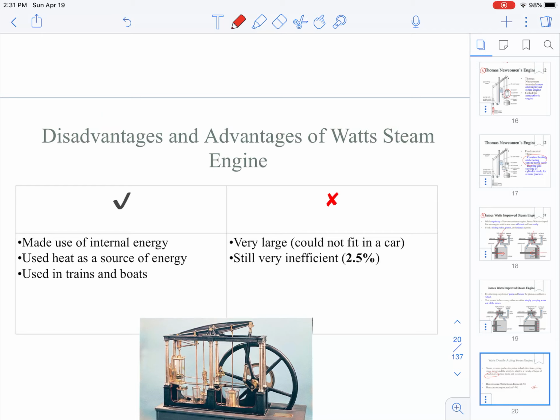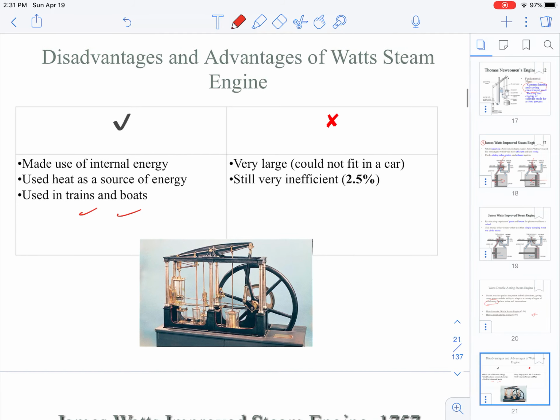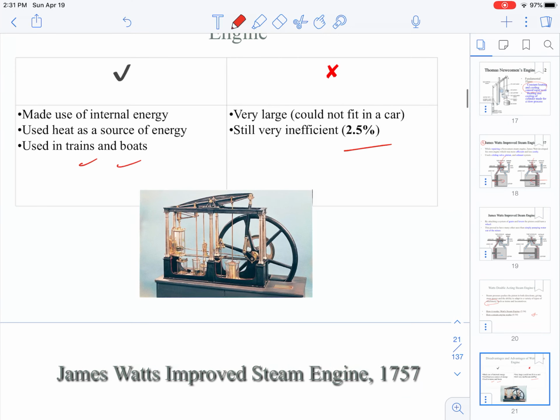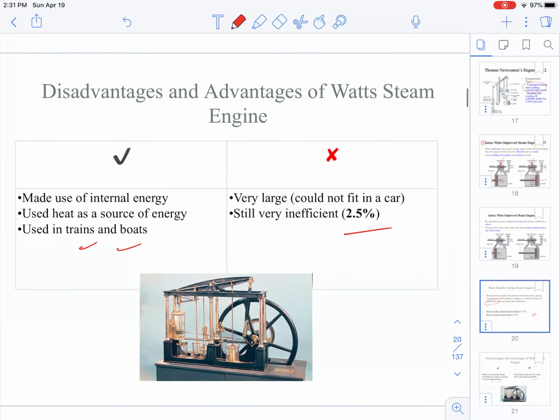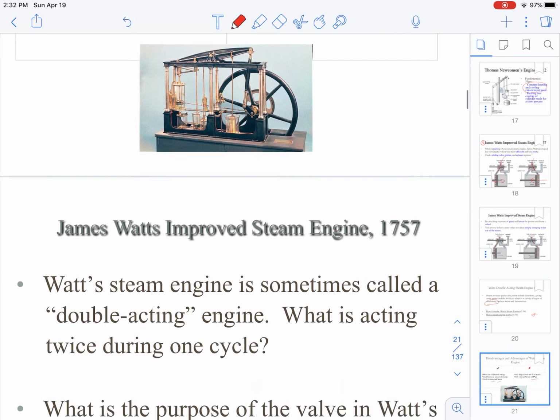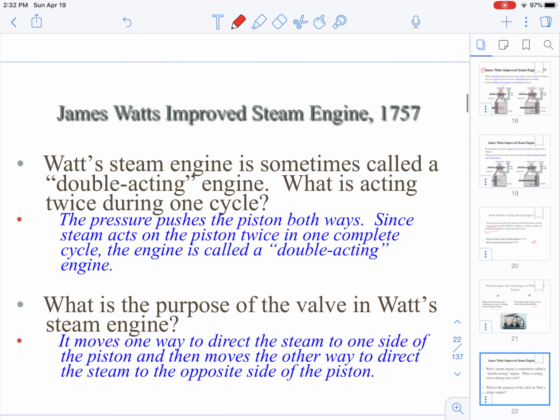And Watt was still using heat. It was in trains and boats, very useful, but it was still very big and not small enough that we could put it into a car or truck. And it was still not that efficient. There was a lot of heat given off out of the wood or coal that was used in all of these inventions. And so there was still room for improvement.